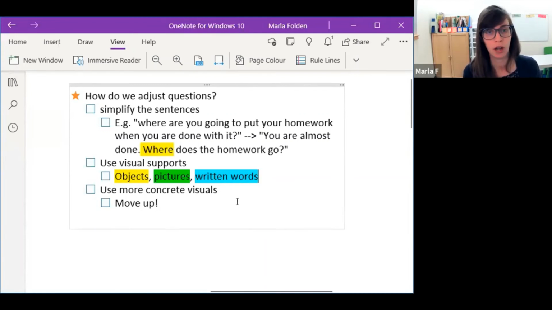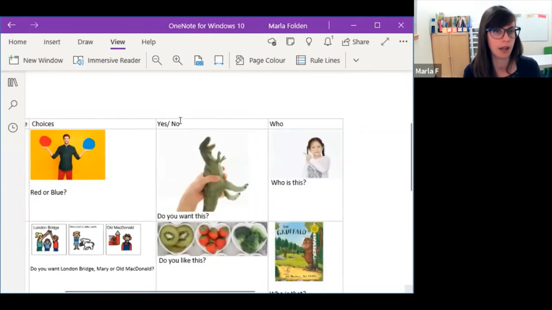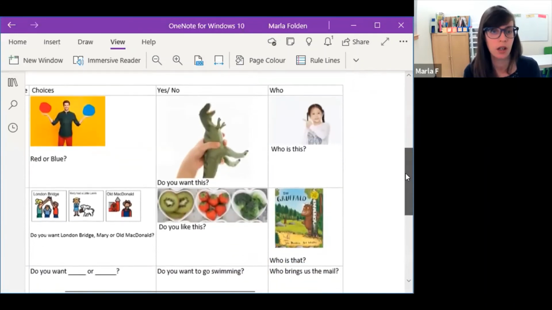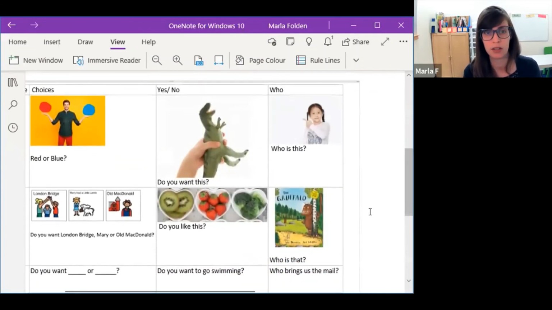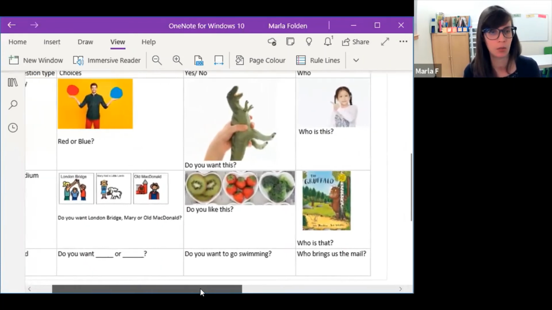Now, if you are trying out a question where, let's say it's a who question and it's not working, then you need to move up in the sort of little grid that I had going on over here. So let's check on that again. So if it's not working and you're working on who questions, who brings us the mail and you're just saying it, then recognize that you need to sort of move up and add more visuals. So how can we make this more concrete?